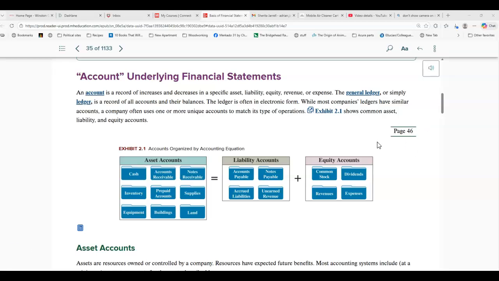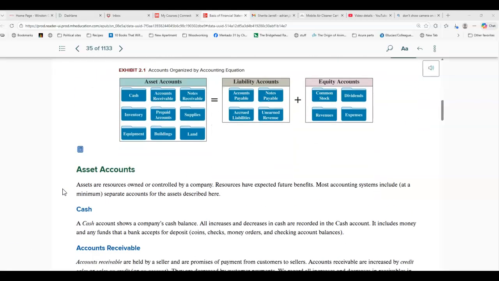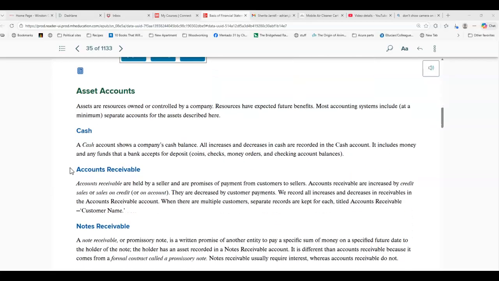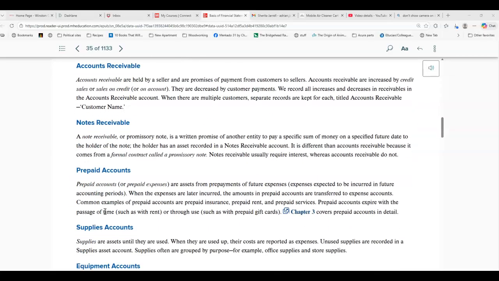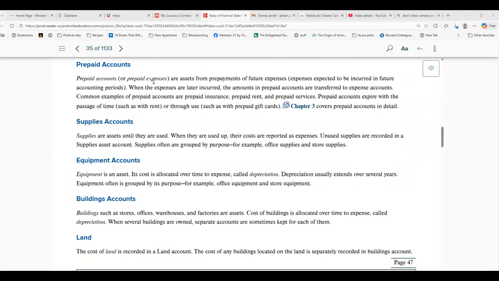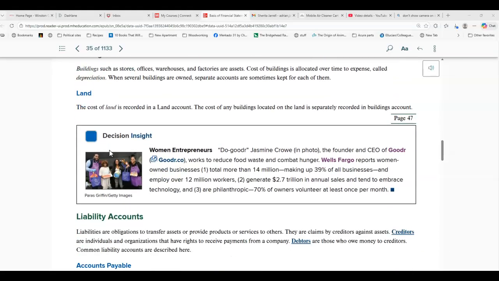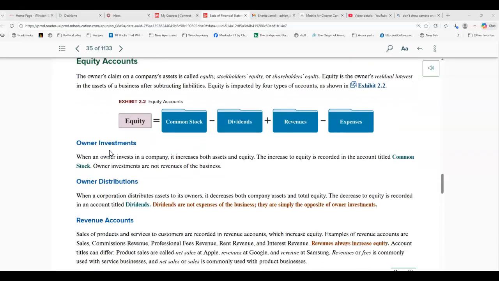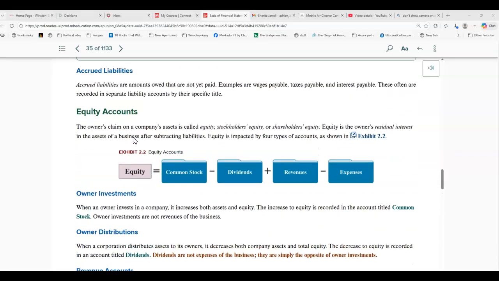As you can see, this is page 46 in the book, and it describes the different accounts. If you have a question, this is a really good resource. The cash, what it is, accounts receivable, what it is, notes receivable, prepaid accounts, etc. Just like I've described, these are all the different ways that they describe them. And it mentions here's a good description of equity account, common stock minus dividends plus revenues minus expenses.